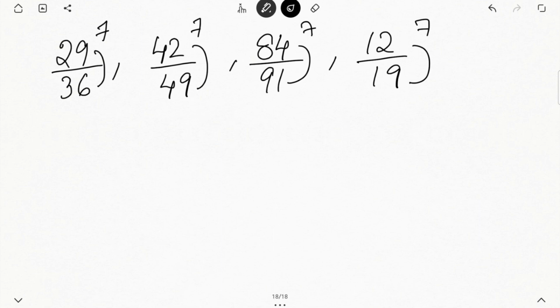The fraction with the smallest numerator is the smallest fraction, and the fraction with the largest numerator is the largest fraction.